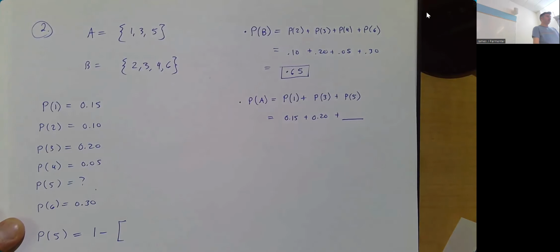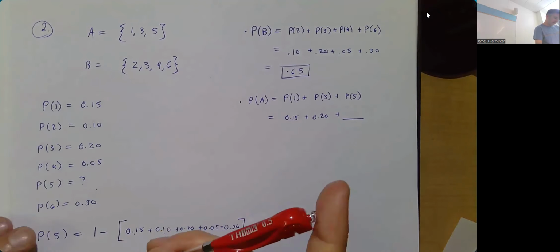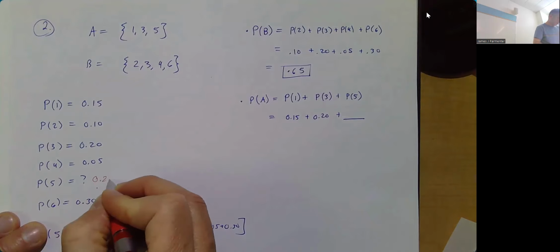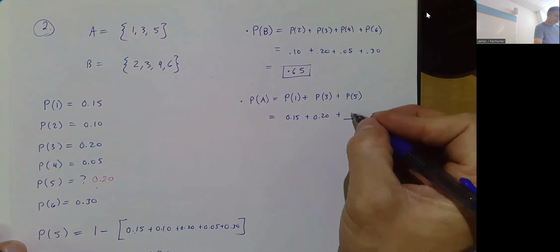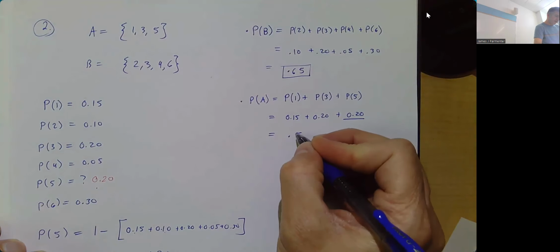So it's going to be 1 minus 0.15 plus 0.10 plus 0.20 plus 0.05 plus 0.30. Let's see, 15 plus 10 is 25, plus 20 is 45, plus 5 is 50, plus 30 is 80. So that's 1 minus 0.80, which is 0.20. So that's the probability of 5. And so the probability of A is going to be 0.55.